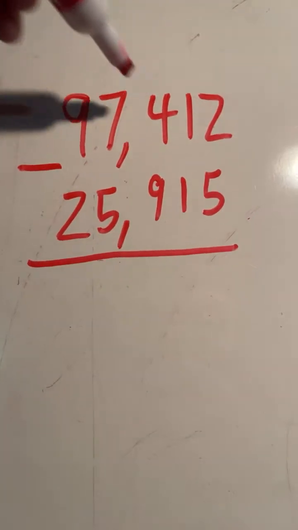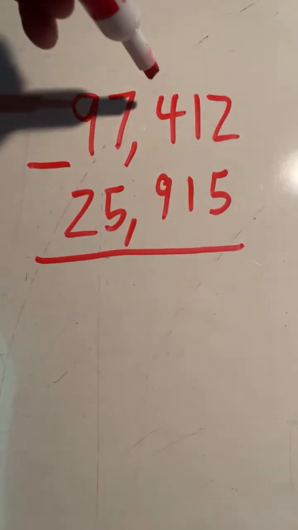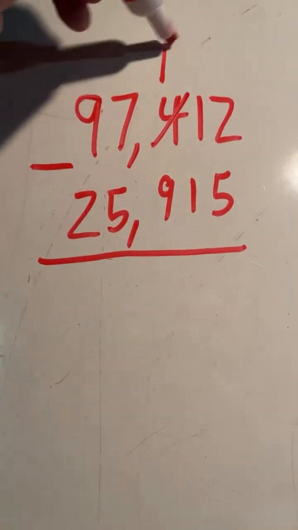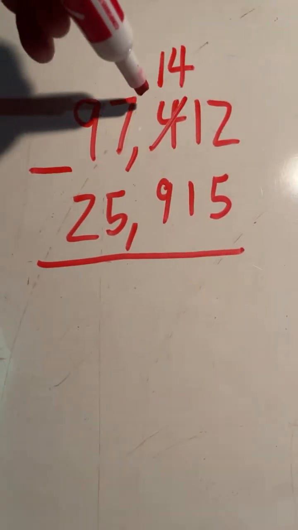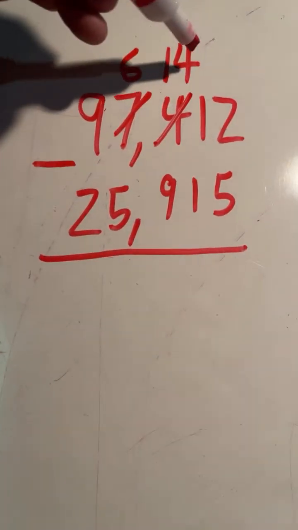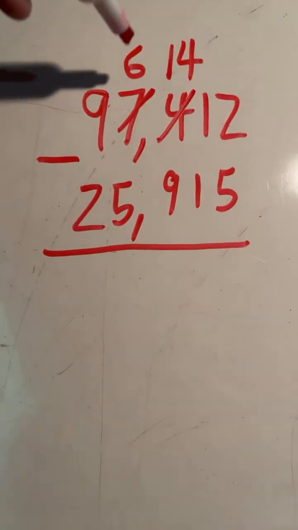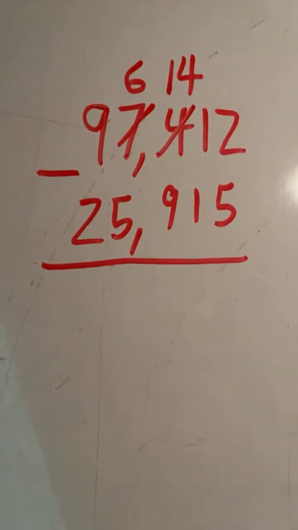So here, starting in the hundreds place, we can't start with 4 and take away 9, so that 4 is going to become a 14, and that 7 is going to become a 6. So it's always add 10 where the top digit's smaller, and then you take away 1 in the column to the left.